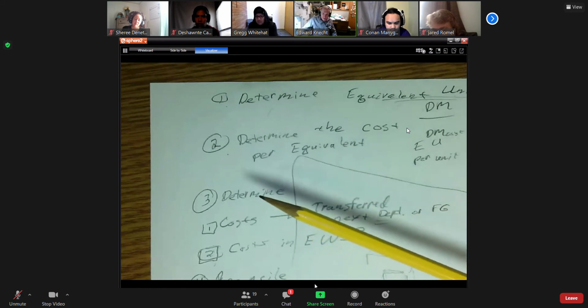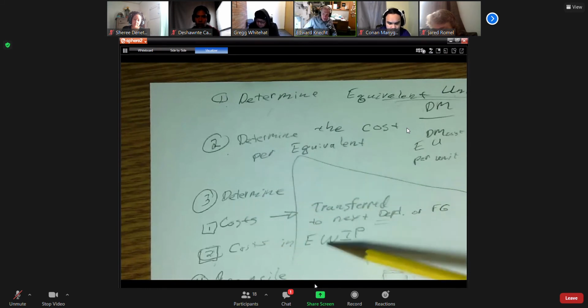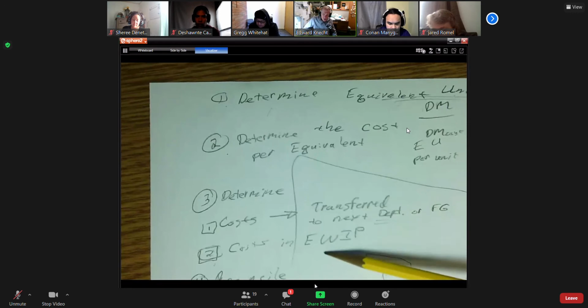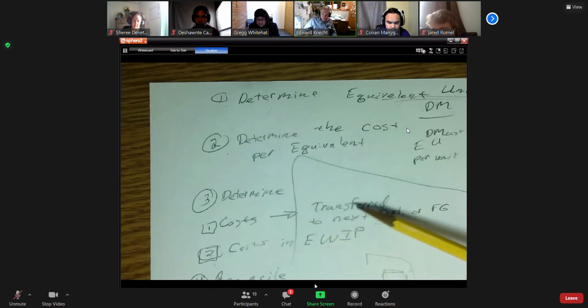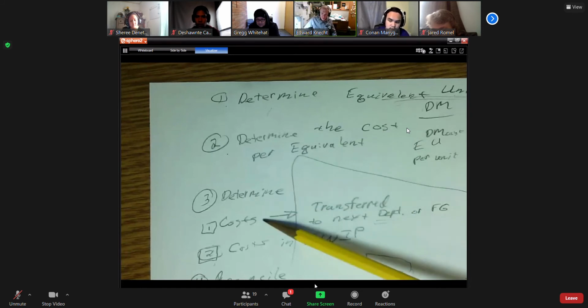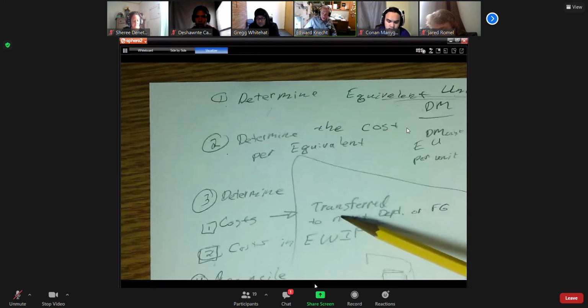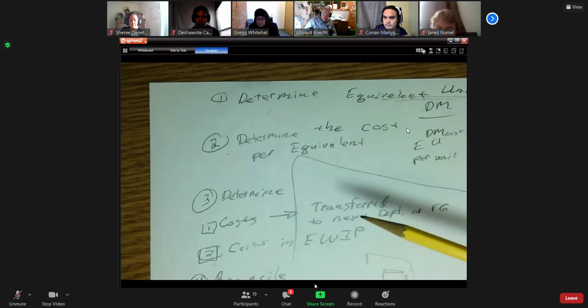In step 3, we determine the total cost for the ending work in process units that are partially completed, and the cost of the units transferred out. Why do we need these numbers? Because we have to debit work in process for the next department or finished goods, whatever that cost is, and credit the work in process for the department.